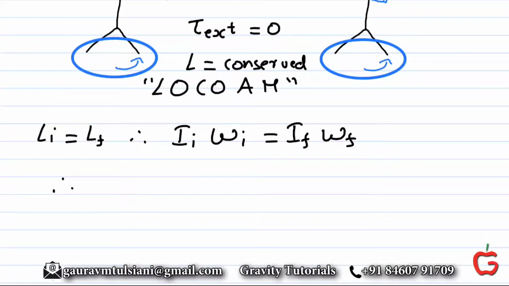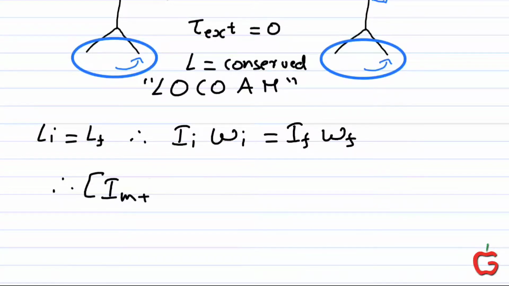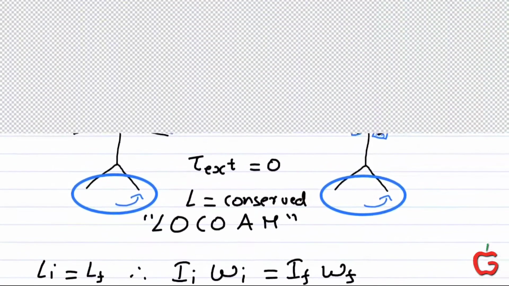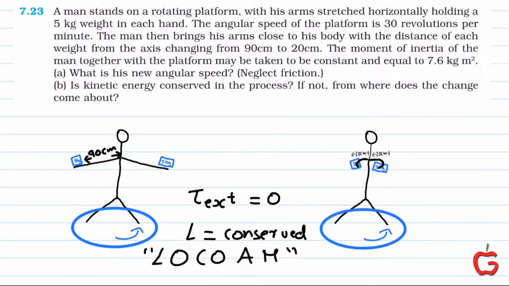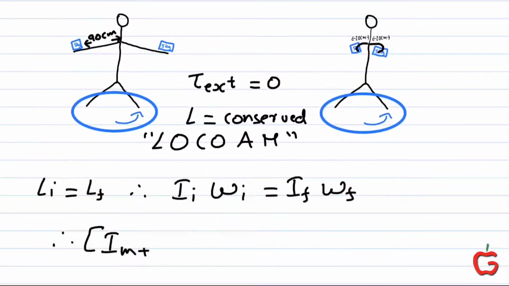The initial moment of inertia is the moment of inertia of the man plus the rotating table, plus the moment of inertia of the masses that the man is holding.